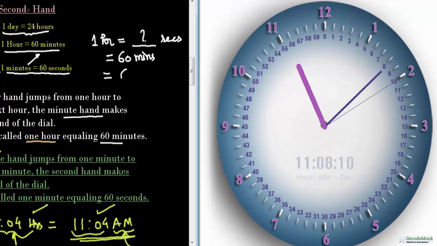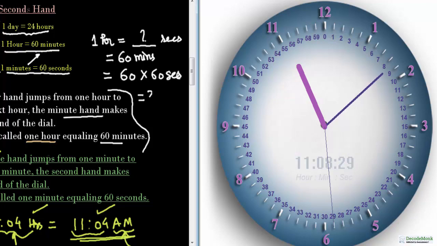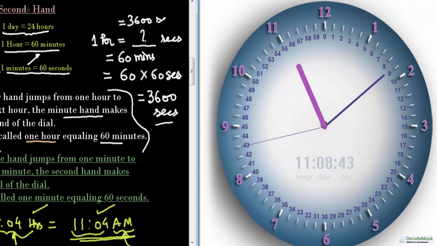So 60 minutes will be equal to 60 times 60 seconds. I hope you are getting these calculations. 1 minute means 60 seconds, so 60 minutes means 60 multiplied by 60 seconds. If you calculate, it will come to 3600 seconds. So 1 hour is also equal to 3600 seconds.